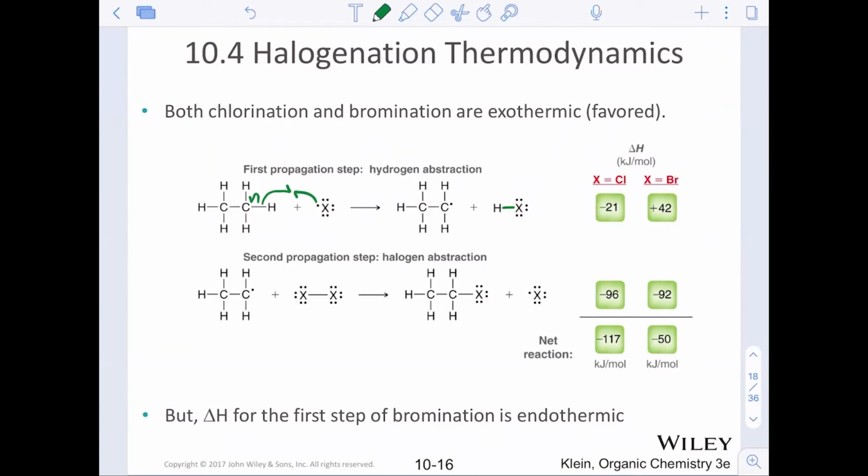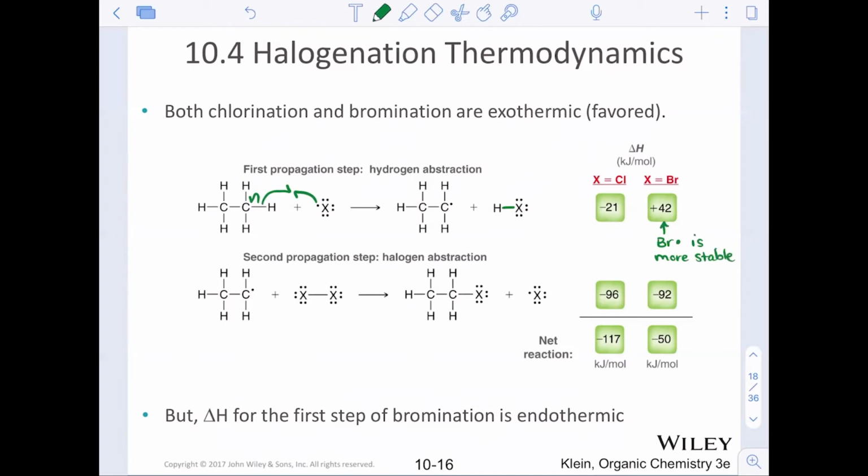What do you remember about bromine versus chlorine as anions? Well, we know that Br minus is more stable than Cl minus. The same goes here. Br radical is more stable, so it's harder to react in hydrogen abstraction.